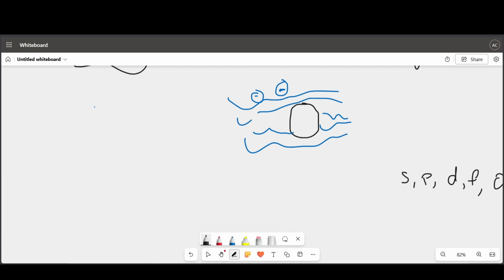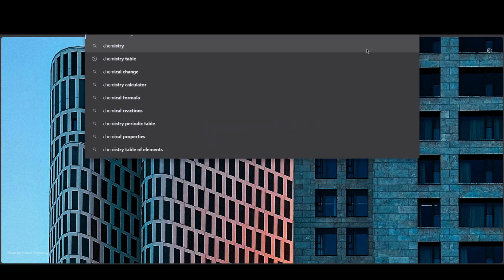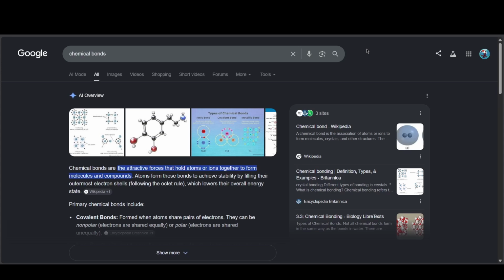Okay? So what is a chemical bond? It basically says here in the second property of the atom that hypothetically, the correlation between removing an electron from an atom basically correlates to what type of chemical bond the atom will be.